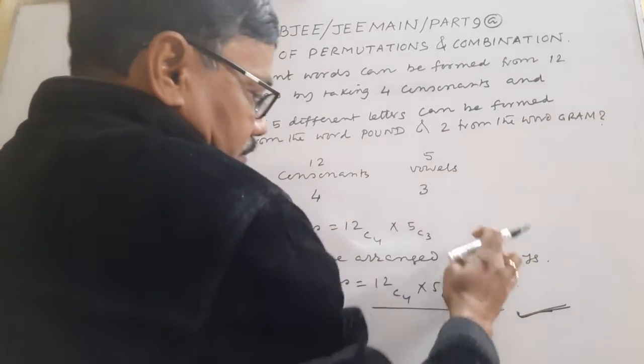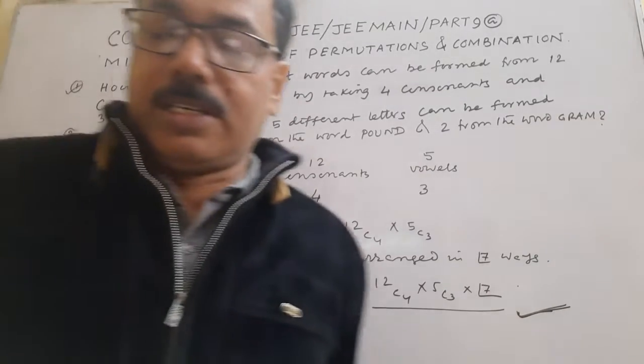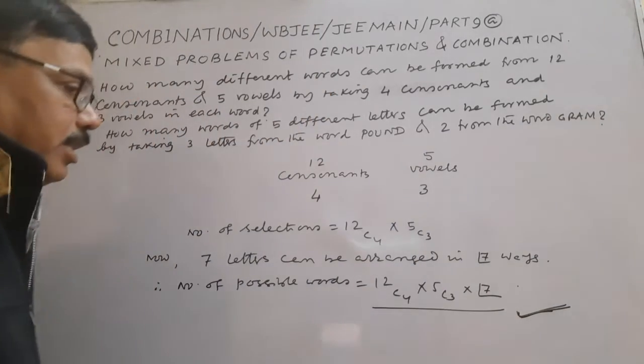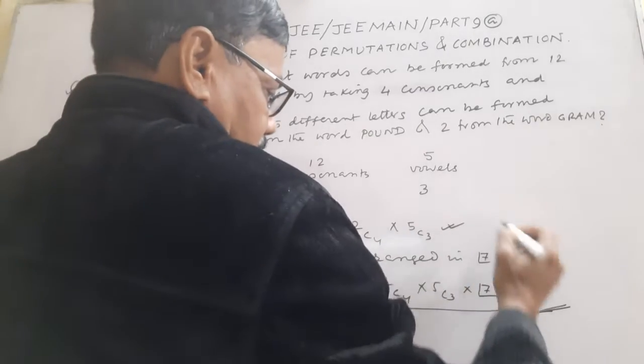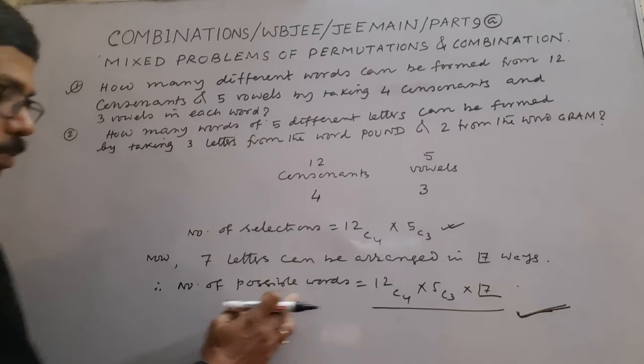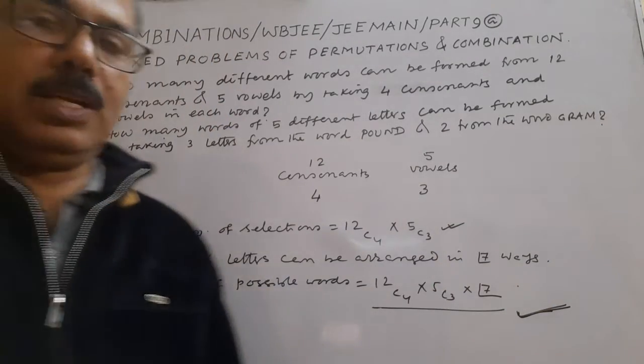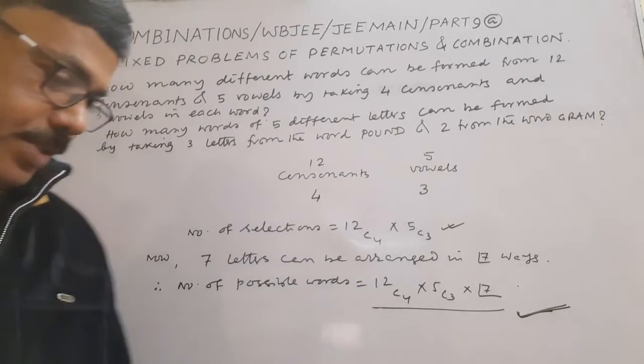We select 4 plus 3 equals 7 letters. So these are the selections. Then you have to arrange the letters. Therefore, the number of possible words equals 12C4 into 5C3 into factorial 7.